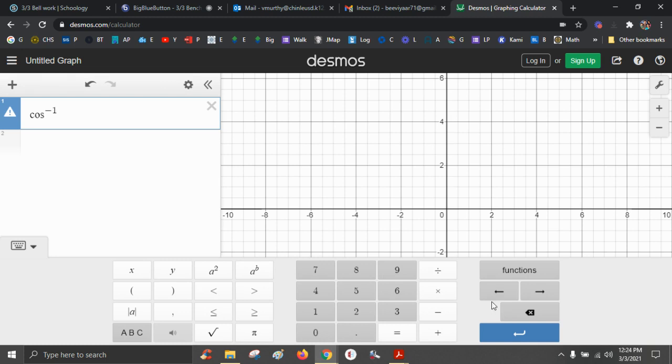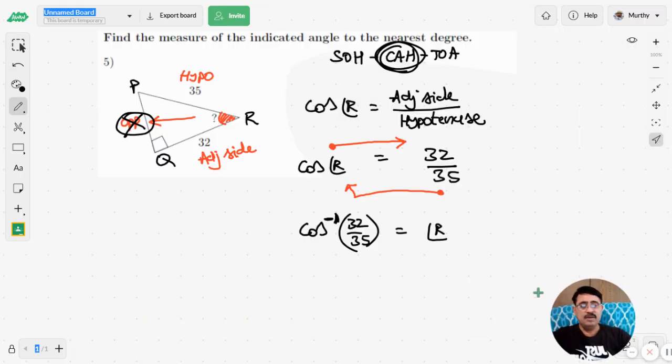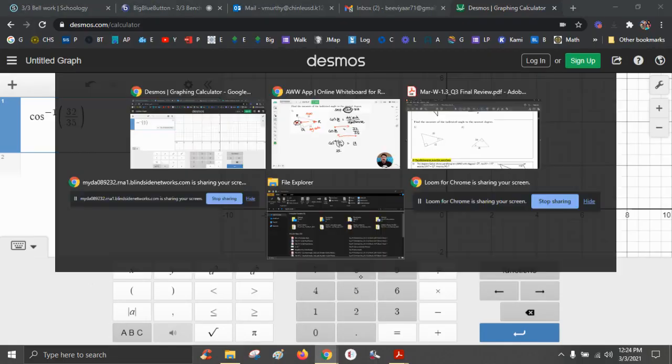Once you are done, use the right arrow key and then type whatever the decimal value or fraction it may be, then come out and close the parenthesis. You see that it is 23.89. So this equals 23.89.